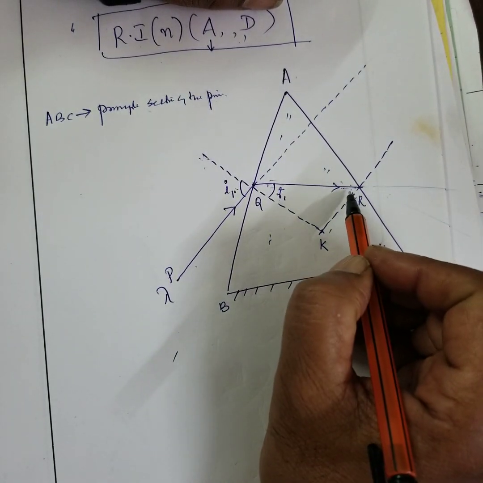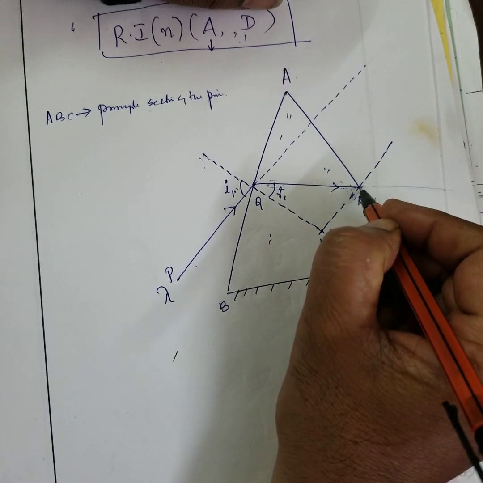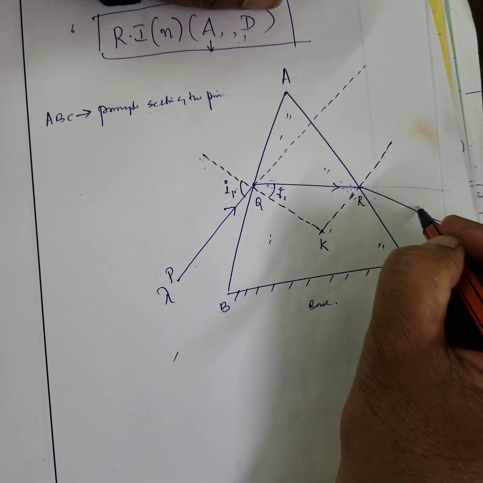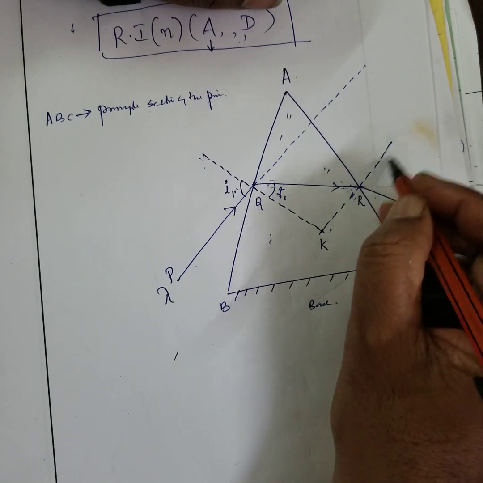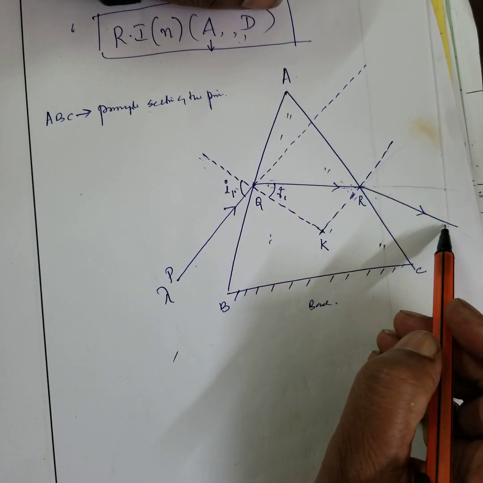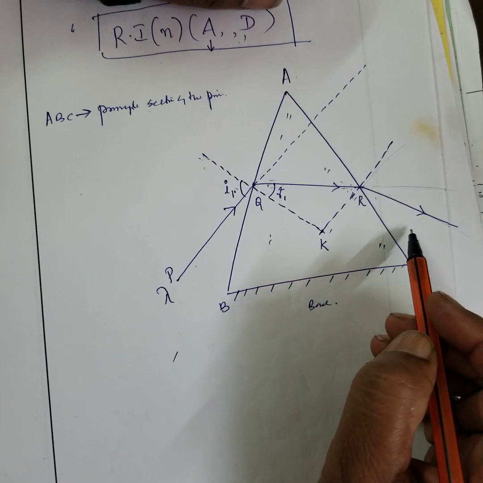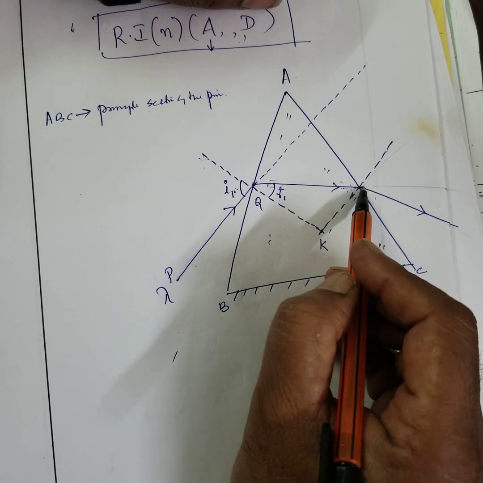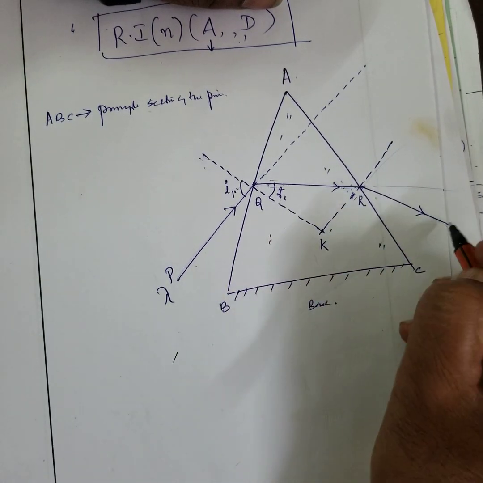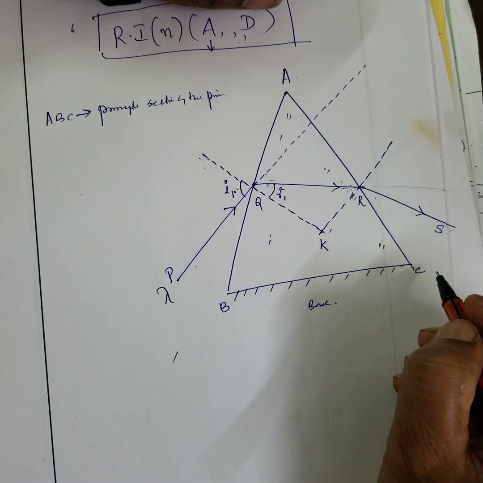When light travels from a denser to a rarer medium, it moves away from the normal. Towards the normal means like this; away from the normal like this. This is the incident ray, this is the refracted ray, and RS is the emergent ray.